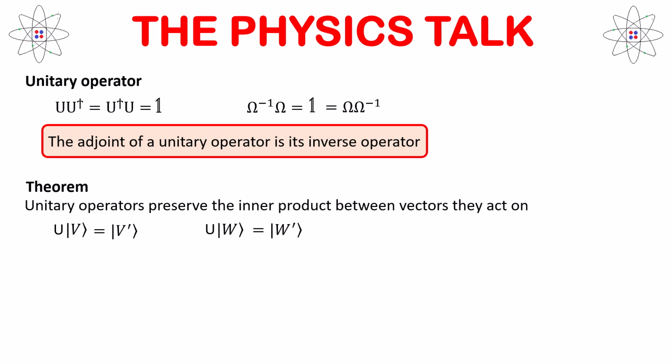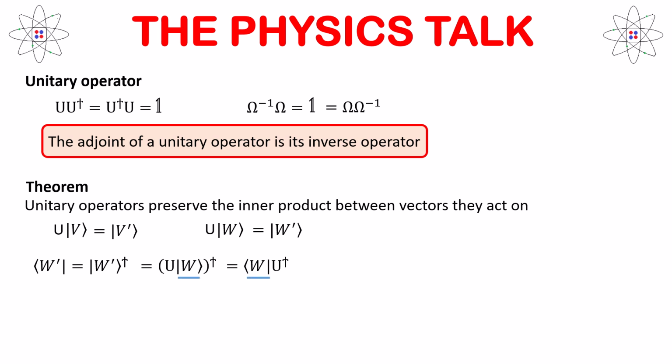We know we can get bra w prime from the dagger operation on ket w prime, and ket w prime is obtained here from the operation of the unitary operator on ket W. Ket W dagger becomes bra W.